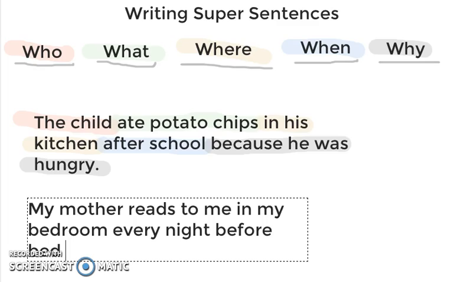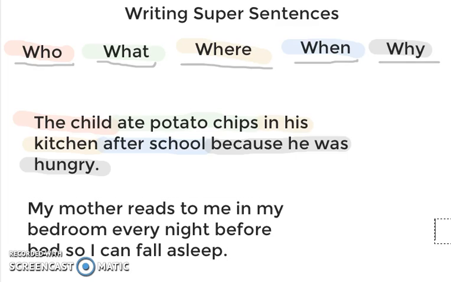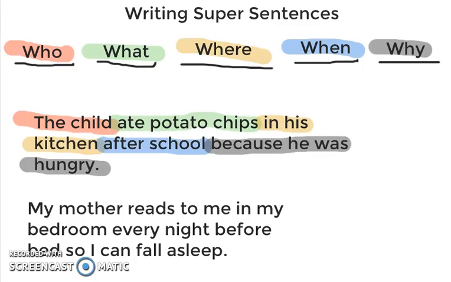And then I need the why of my sentence. Why does my mother read to me? And my why is going to be so I can fall asleep. So there's our sentence. My mother reads to me in my bedroom every night before bed so I can fall asleep.